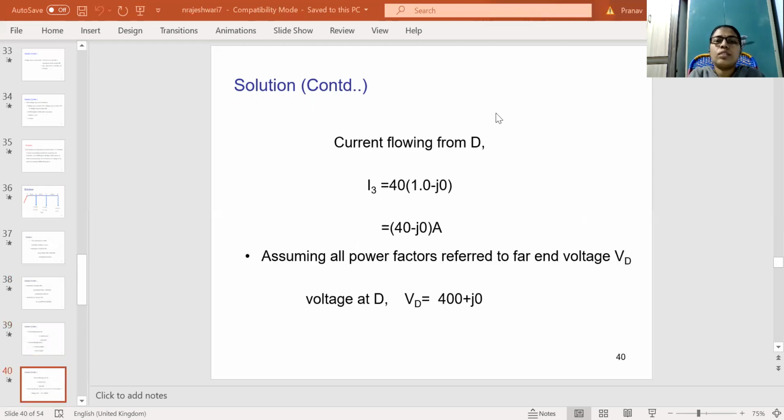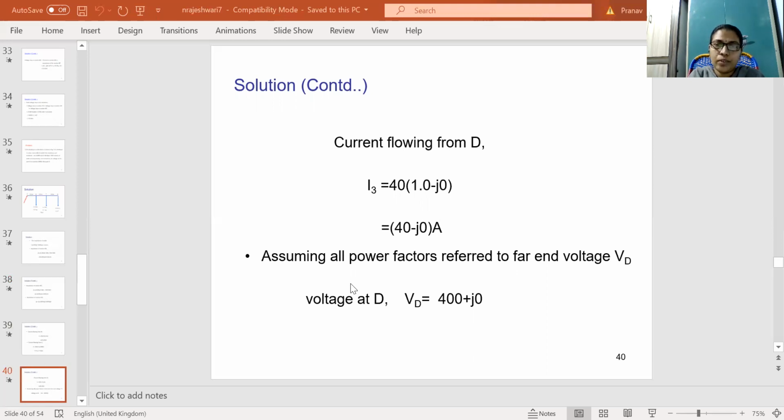The current flowing from D is I3, equal to 40 into 1.0 minus j0. So for unity power factor, 40 minus j0 amperes is the current flowing from D.